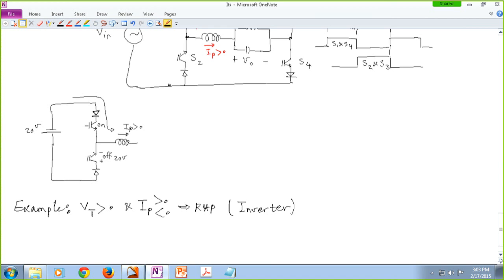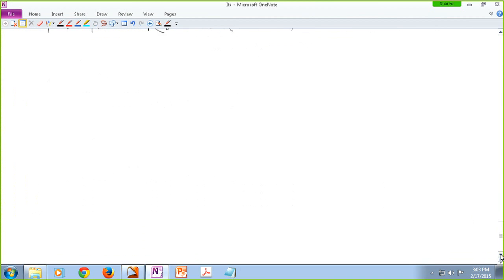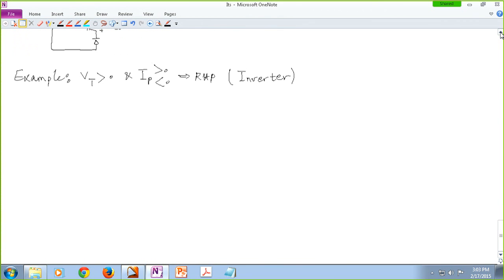All right, so I'm going to draw it and show you how we can use this switch realization that we just studied. I'm using the right half plane switch because the input voltage is DC, always positive, but the output current is bidirectional.